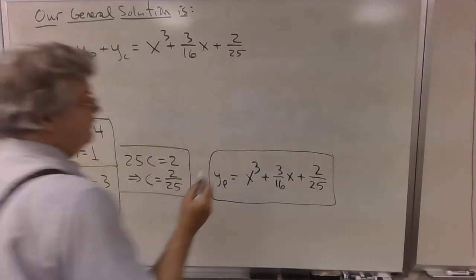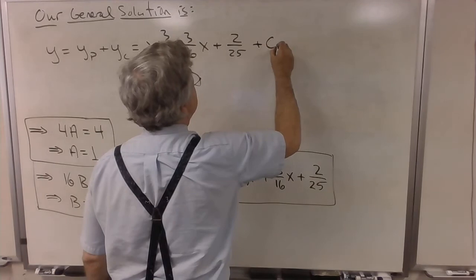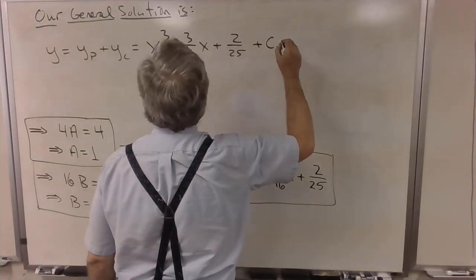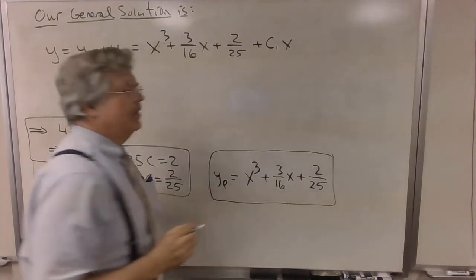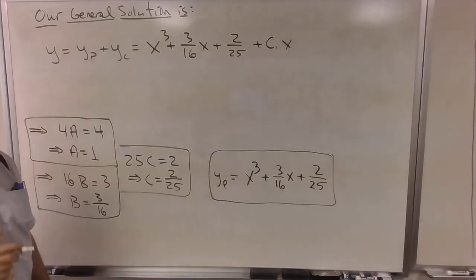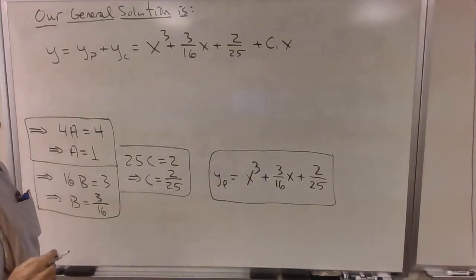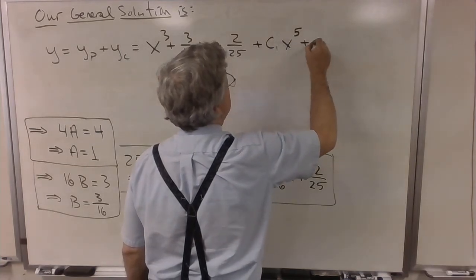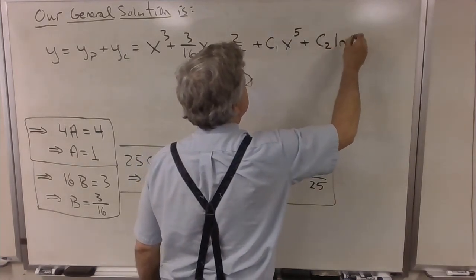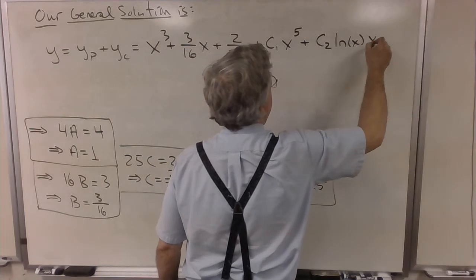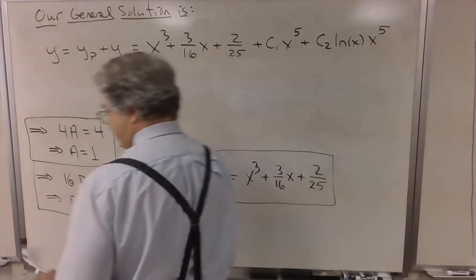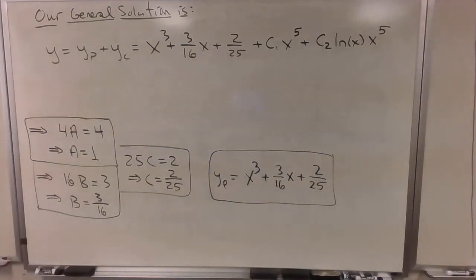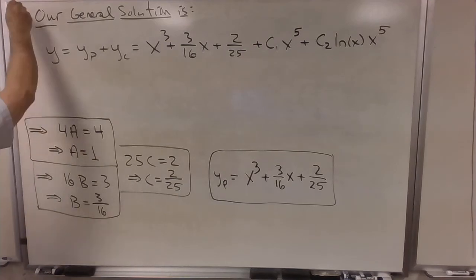And I'm guessing c1 x to the, this is where we had the double roots, wasn't it? So we had c1 x to the 5th plus c2 natural log x times x to the 5th. Voila.